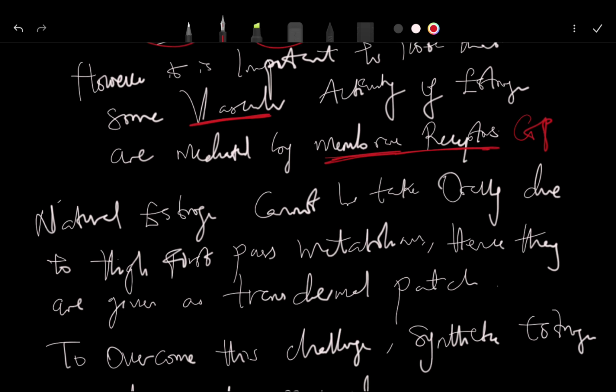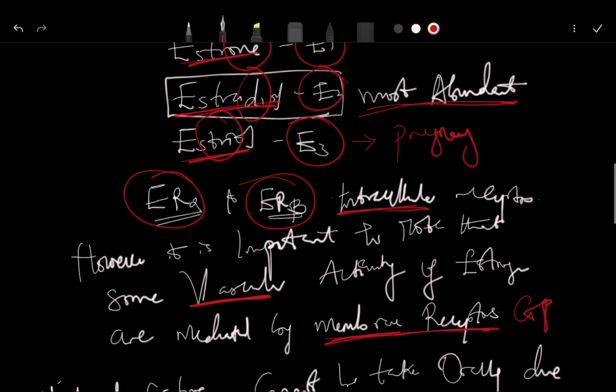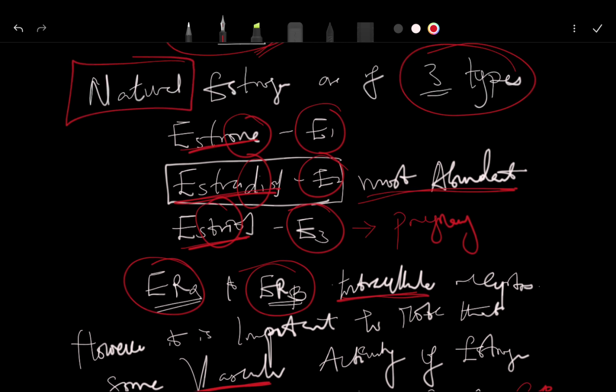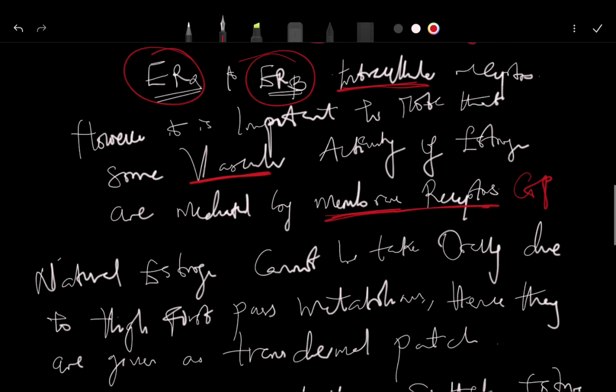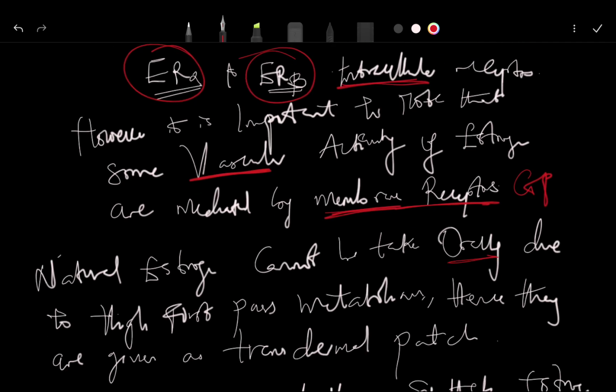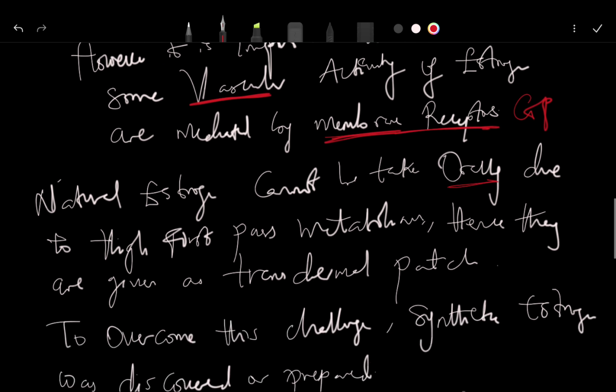Now, natural estrogens, as we've seen, there are three of them: E1, E2, and E3. None of these can be given orally, because they have a high first pass metabolism.